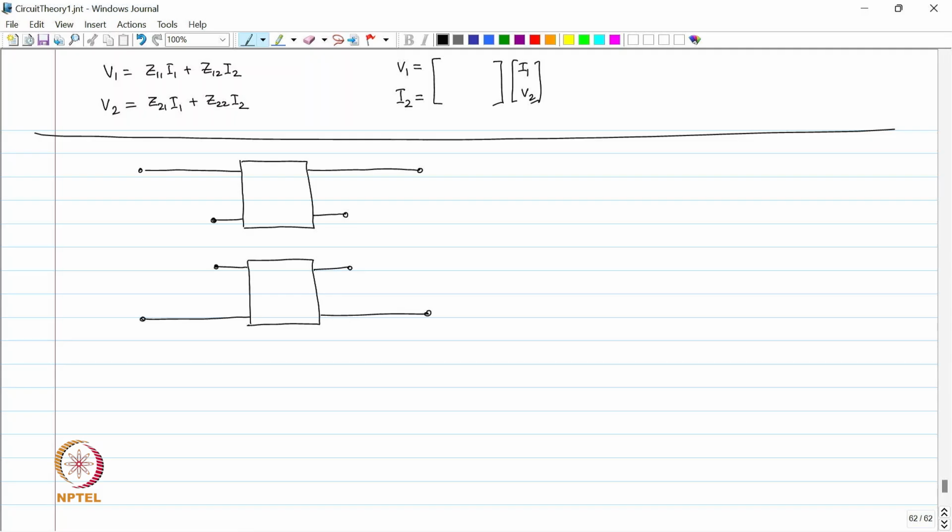So, I have two networks, network A and network B. We are going to call these V1A, V2A and V1B and V2B. Similarly, the currents are going to be I1A, I2A, and I1B, I2B.